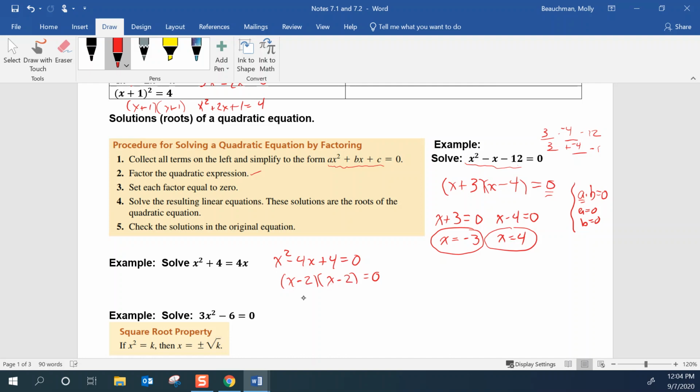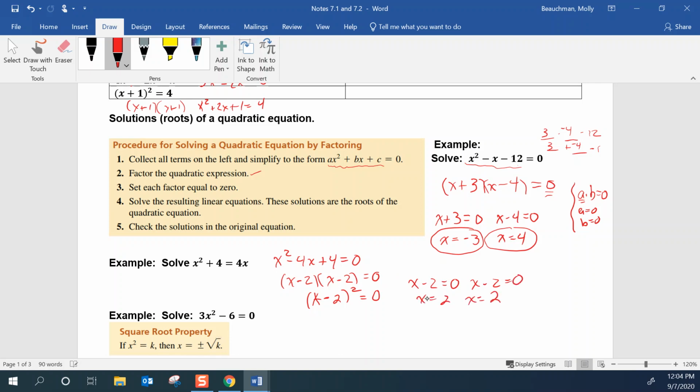Or you could notice that this is a perfect square. The perfect square is x minus 2 squared equals 0. Okay? Either way, we have two factors. They happen to be the same, set equal to 0. So when we set each factor equal to 0, we end up with x equals 2.